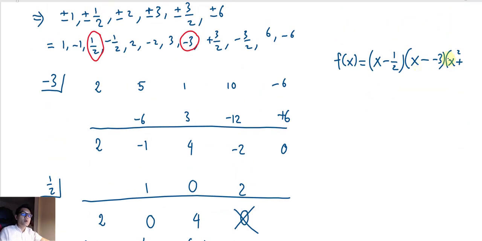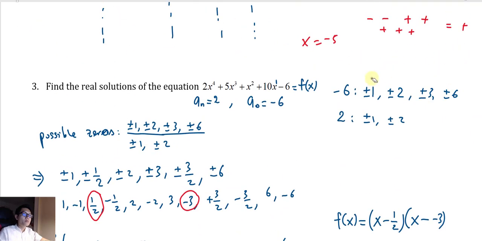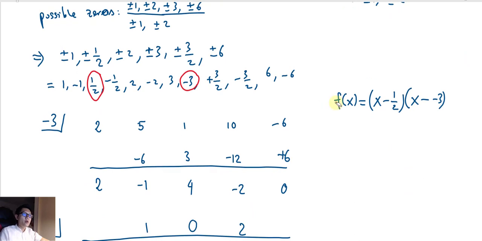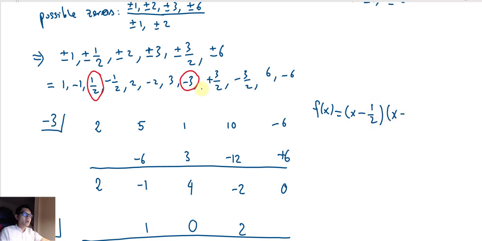2x squared plus 4. Sorry, let me erase that. Actually, let me move it here. Move it to the left. Okay, so f of x is equal to x minus 1/2, x minus 3, and then 2x squared plus 4.